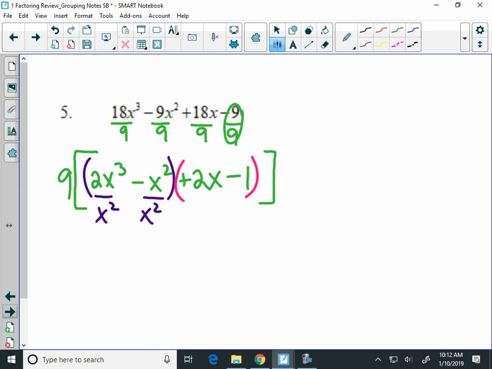Again, I'm going to keep that 9 in front, just ignore it, but let it stay there. Now I'm going to pull my x squared in front of my parentheses. 2x cubed divided by x squared, I have 2x. And then here, the x squares cancel off, so I have minus 1.